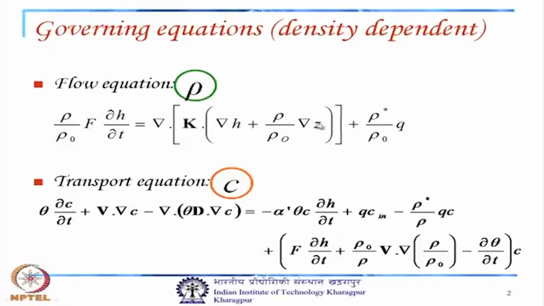This defines the axis direction, because in the z direction we need to consider one extra component in case of Darcy's law. Here rho star is the density of the injected or extracted source or sink, and q is the discharge rate of the source or sink.